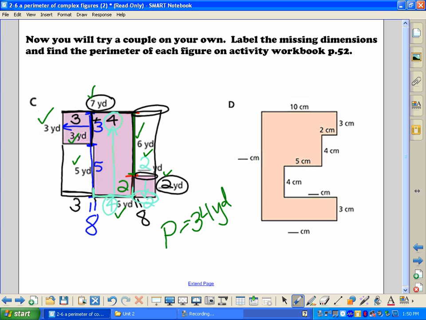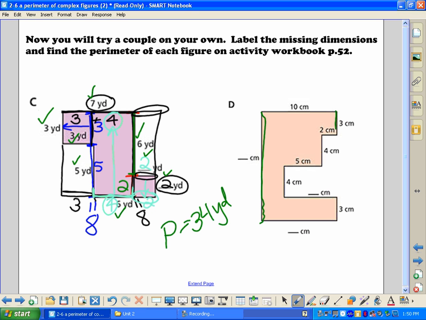All right, let's try D. All right, what can we do? Let's figure out this side first. How am I going to figure out that side?